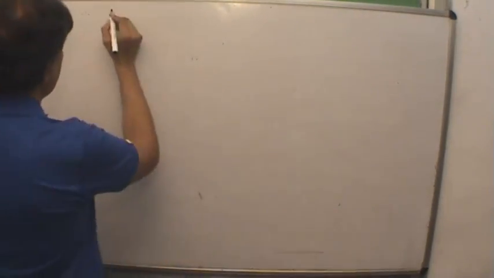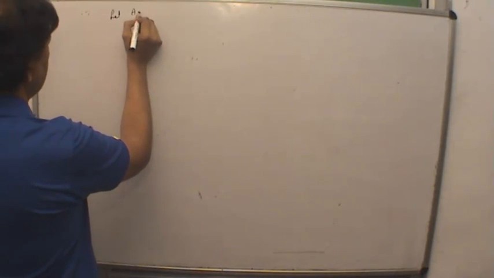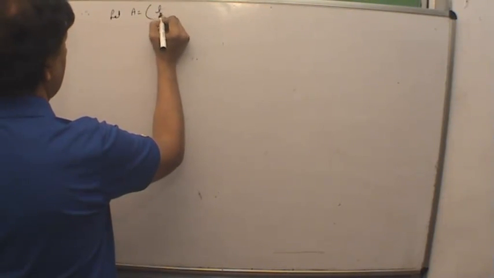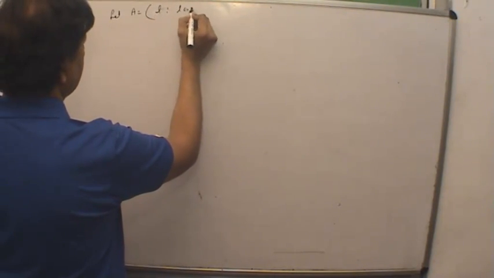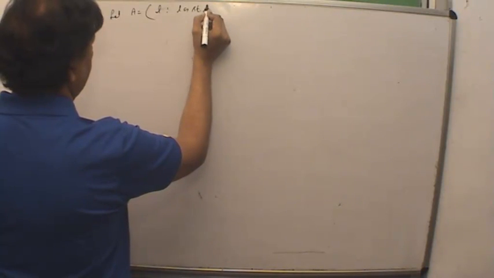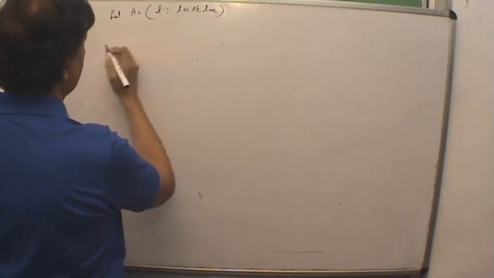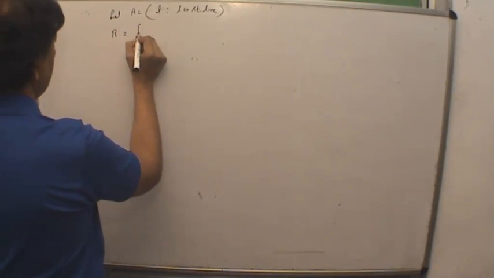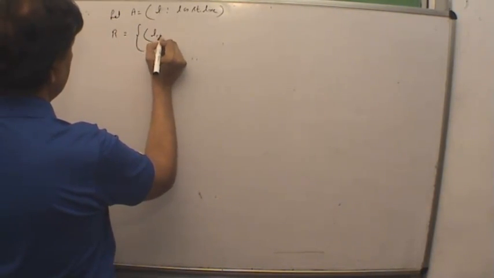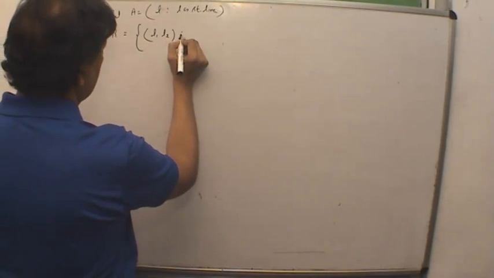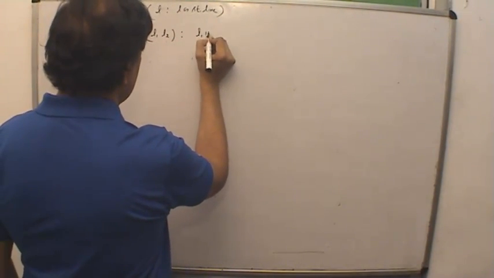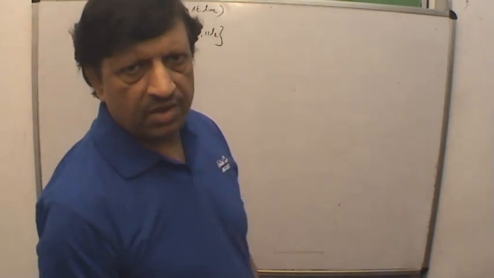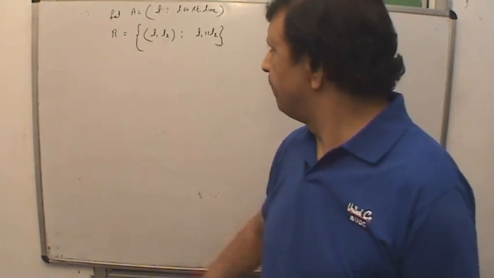Let A be the set of all lines L such that L is a straight line, and relation R is like this: L1, L2 are two lines such that L1 is parallel to L2. These are the given conditions.